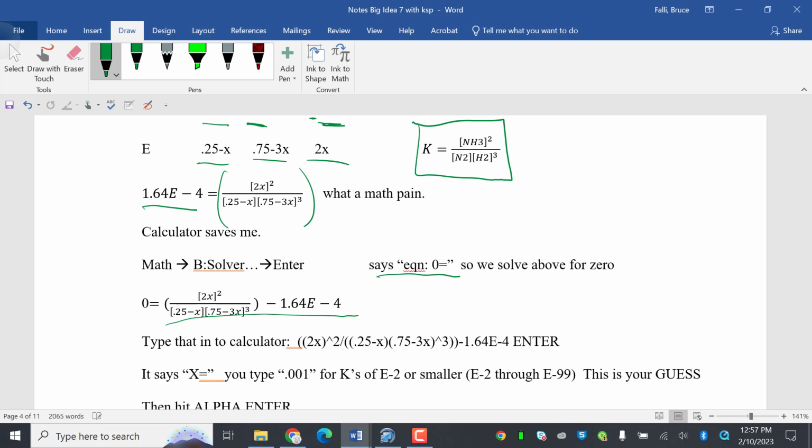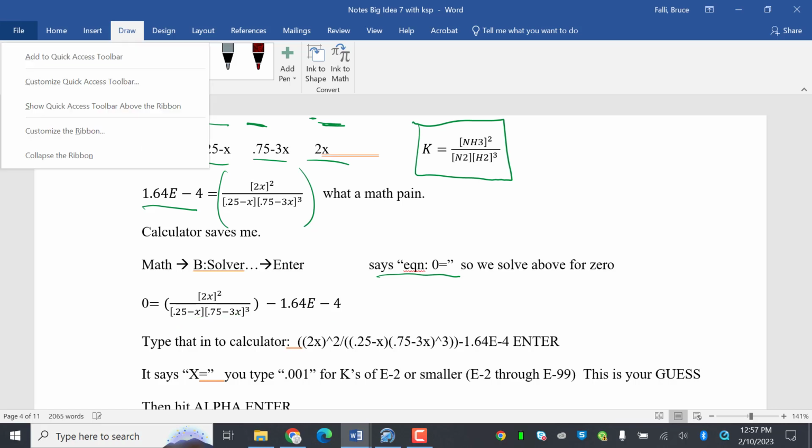So now that it's solved for 0, I'm going to type that in my calculator. Parentheses, 2x. Now, mine says theta. Why does it say theta? I'm going to stick with theta because I don't know how to change it. Parentheses, 2 theta quantity squared, divided by parentheses, 0.25 minus x.